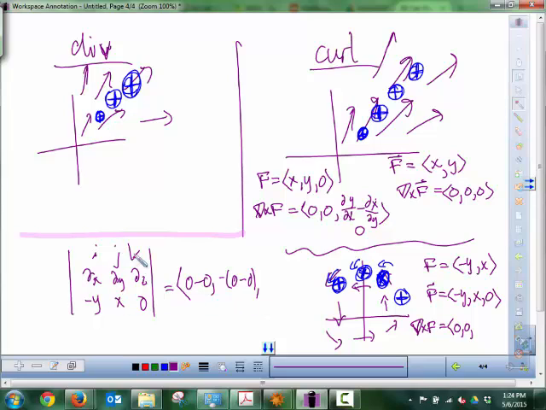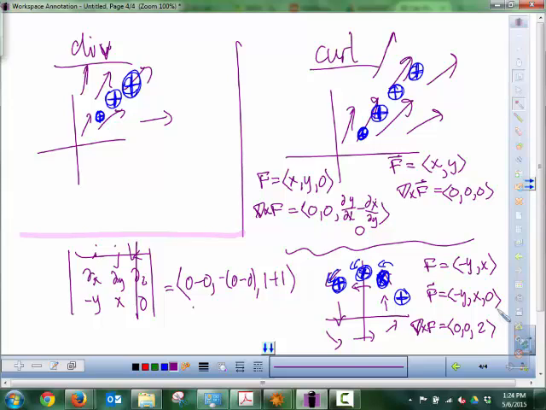And then the last term is the derivative of x with respect to x minus the derivative of negative y with respect to y. So the curl here just turns out to be 0, 0, 2, which is a constant.